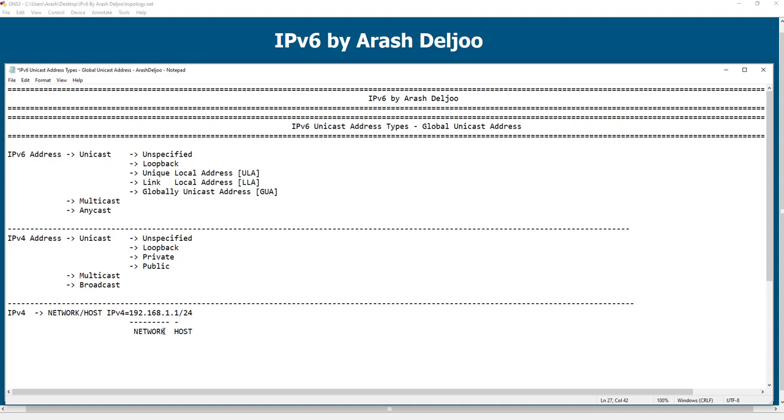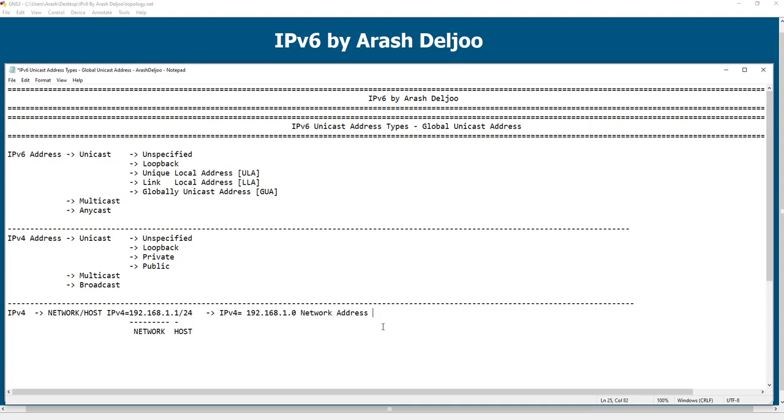Every host in the same network should have the same network ID. If you want to find the network address, you should use 0 for all of the host bits: 192.168.1.0. This is the network address.